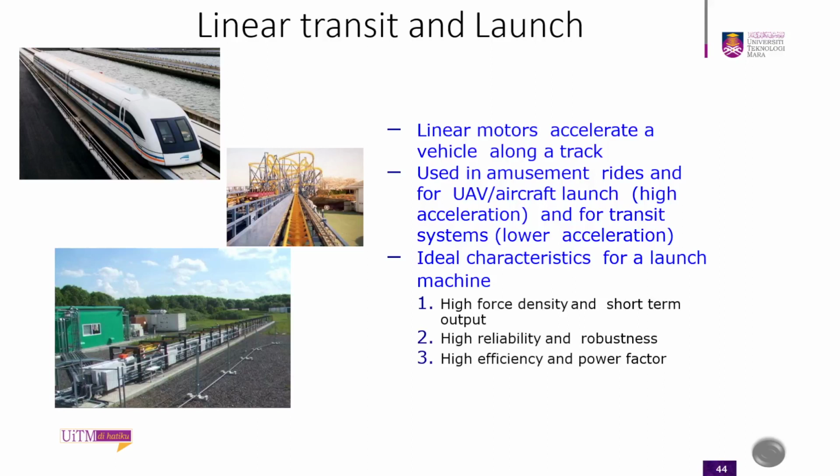Normally used in amusement rides and for UAV aircraft launch. We talk about aircraft launch on the battleship, on the warship, right? We have this aircraft launch, so it has the motor that will speed up the jet so that it can fly.